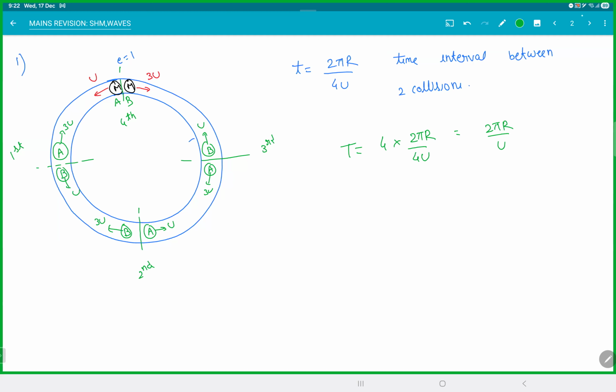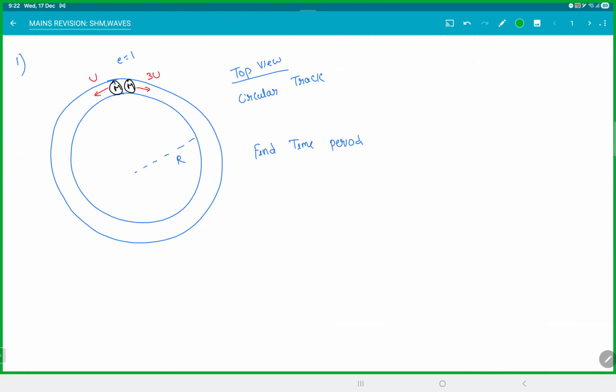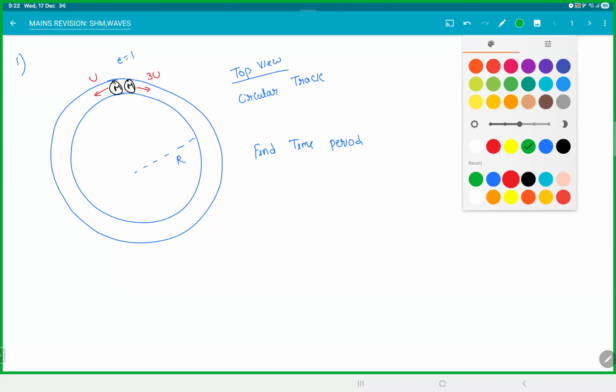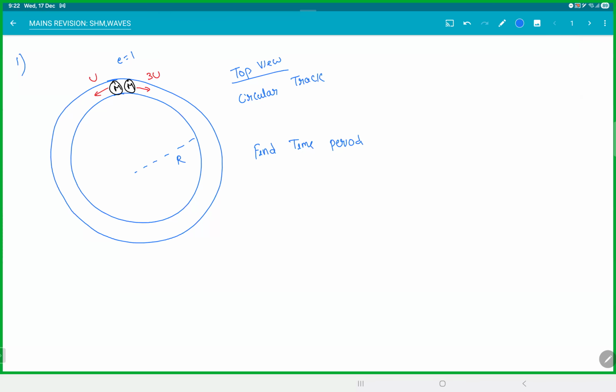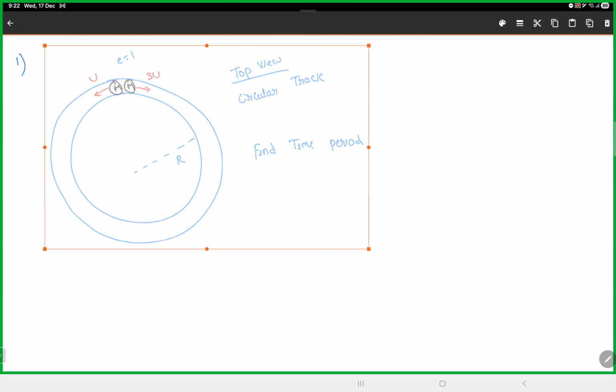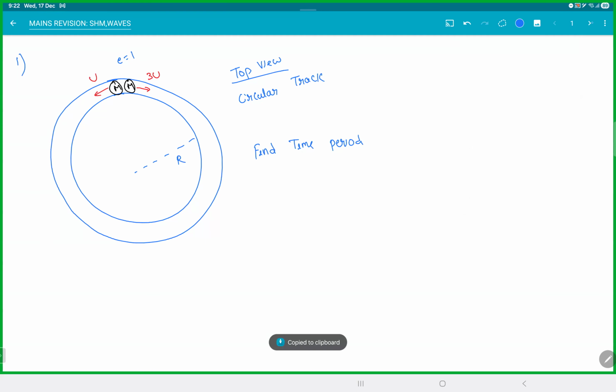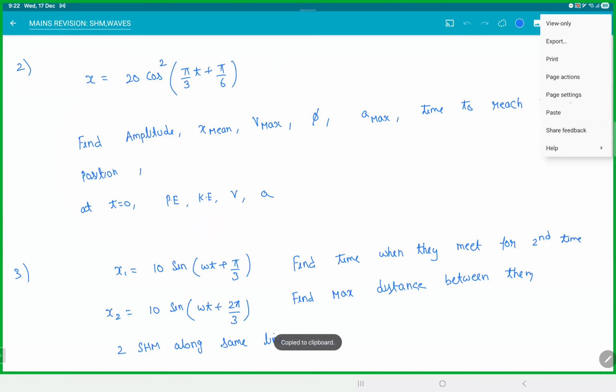Clear with that? Now, same question, can you do this if that was not 3u, but 2u? Something changes.